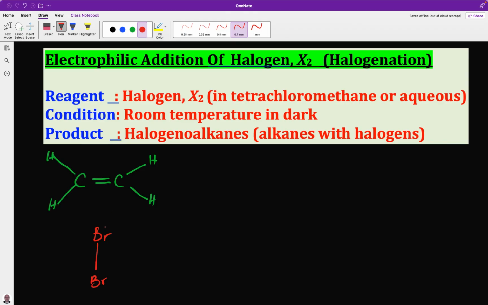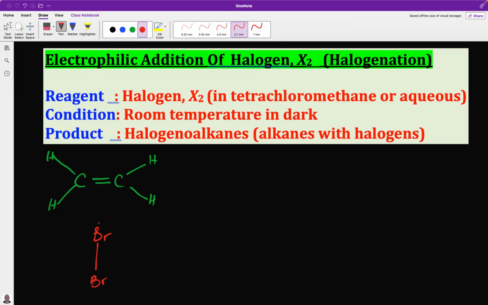But you should know that as the bromine molecule approaches this cloud of high electron density, as the bromine molecule is approaching the ethene molecule, what happens? The cloud of high electron density of the pi bond around the carbon-carbon double bond will induce a dipole.